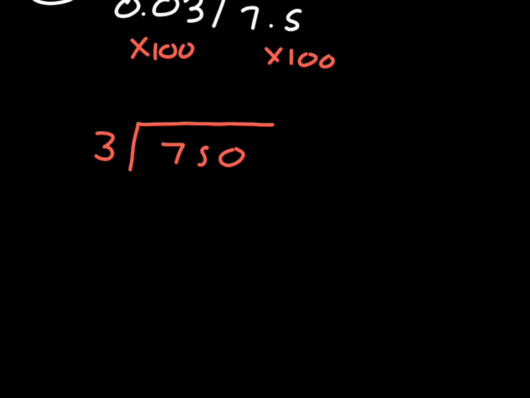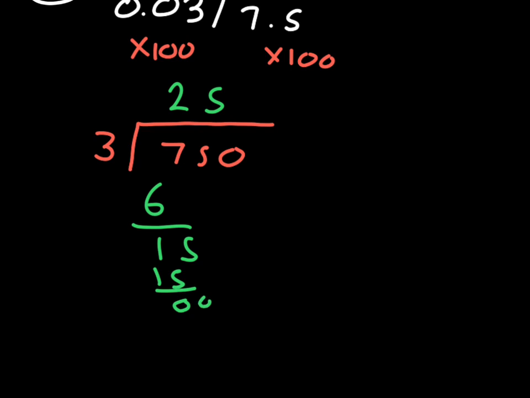3 goes into 7 twice. 2 times 3 is 6. Subtract them, we get 1. Carry the 5. 3 goes into 15 5 times. 5 times 3 is 15. We subtract these, we get 0.